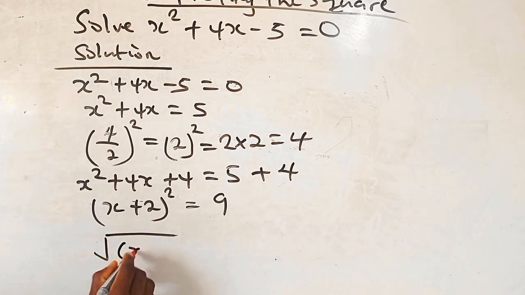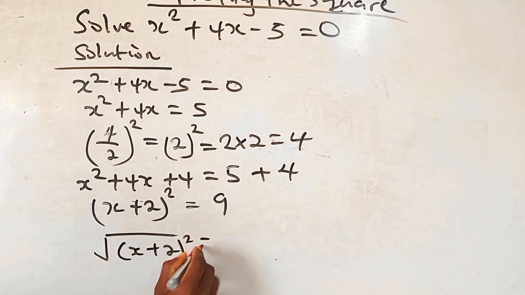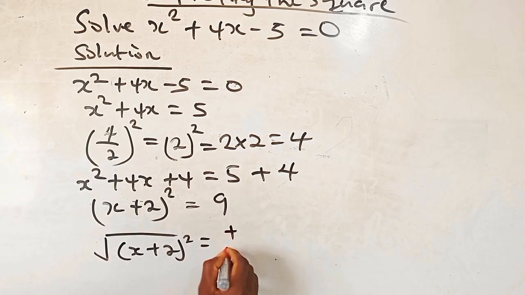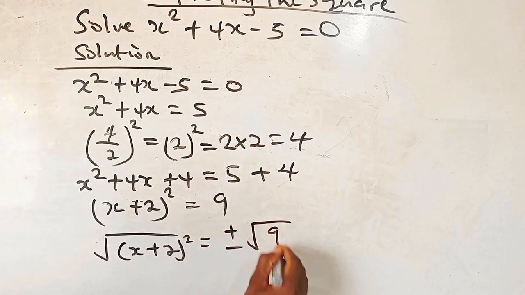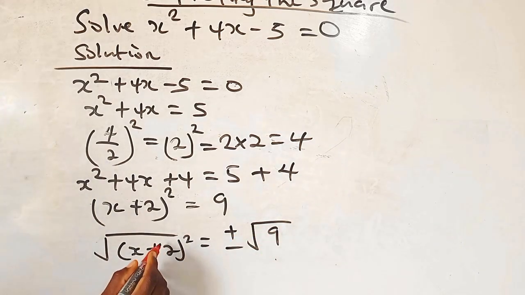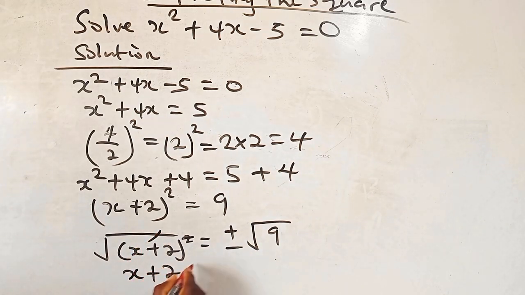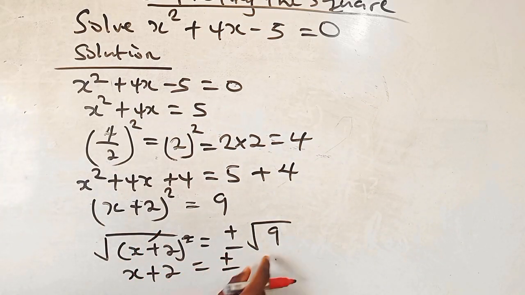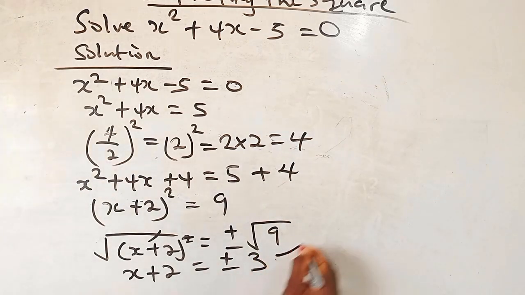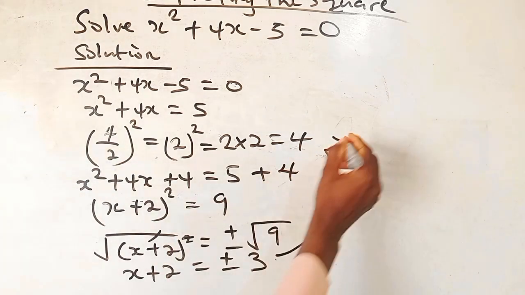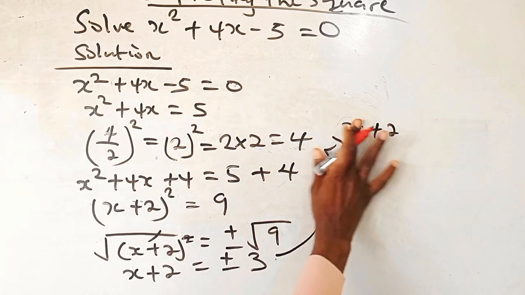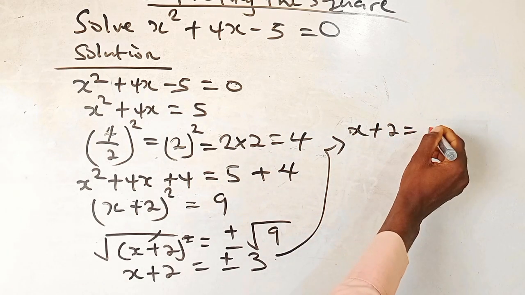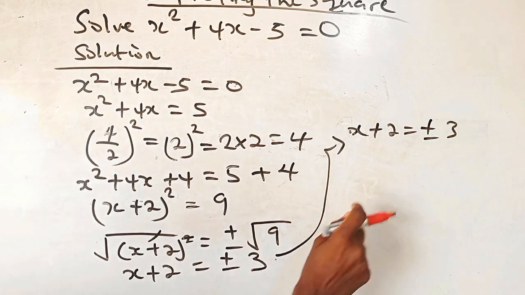So here we have the square root of (x + 2)², and we introduce plus or minus the square root of 9. So x + 2 equals plus or minus the square root of 9, which is 3. So x + 2 = ±3.